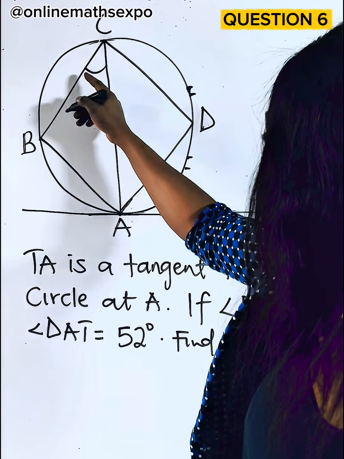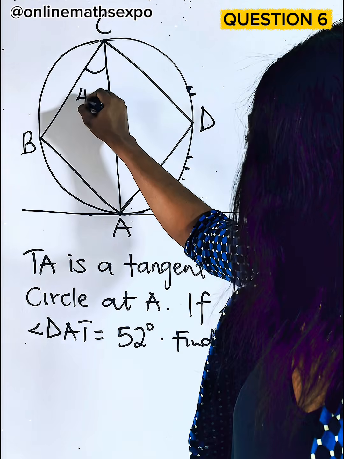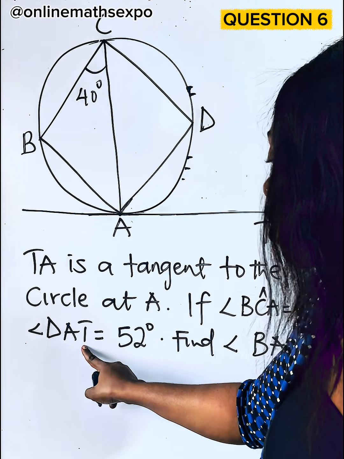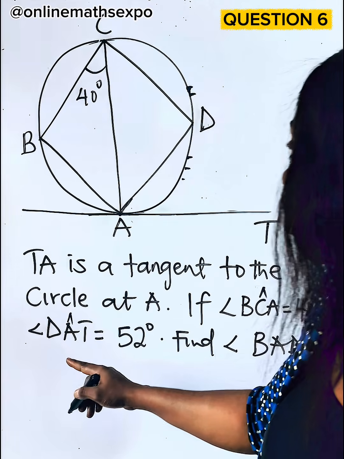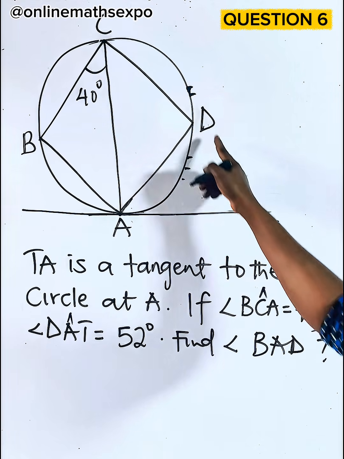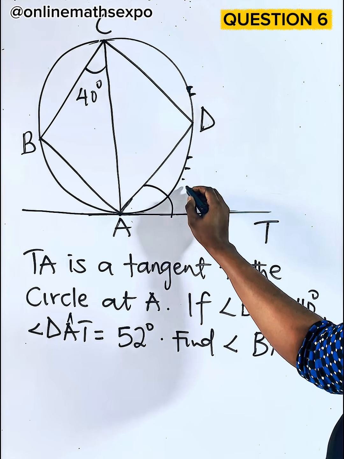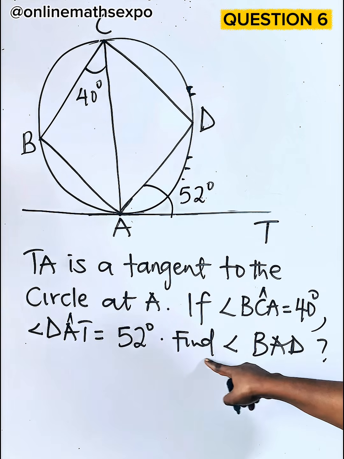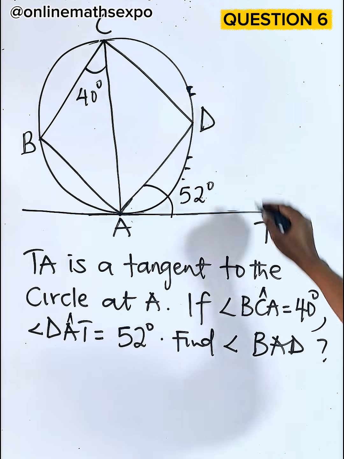Did you see? This part of it is 40 degrees. Now, what other information? Angle DAT, that means the angle at A. So go to the diagram, DAT. Did you see? The angle formed here is 52 degrees. Now, what did the question say? The question says, find angle BAD.